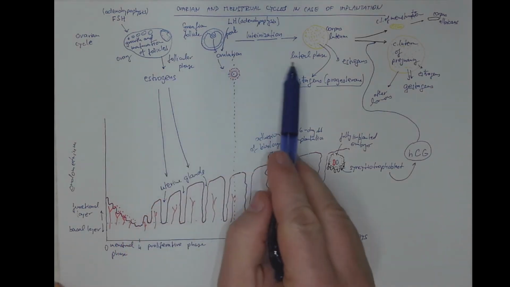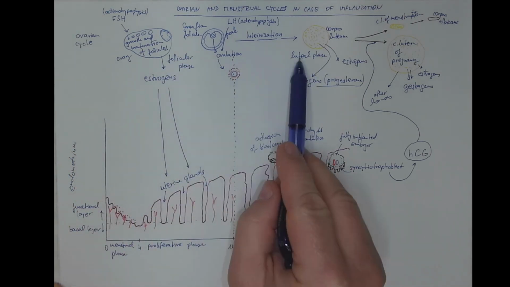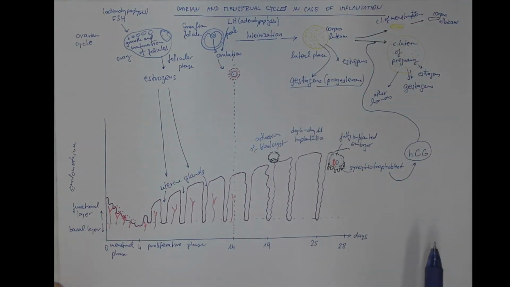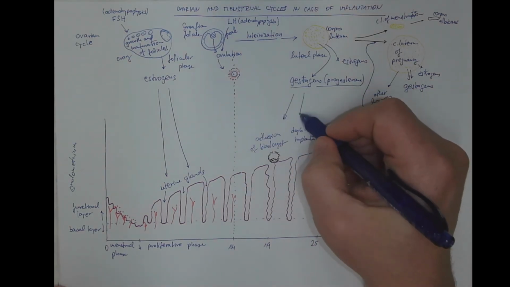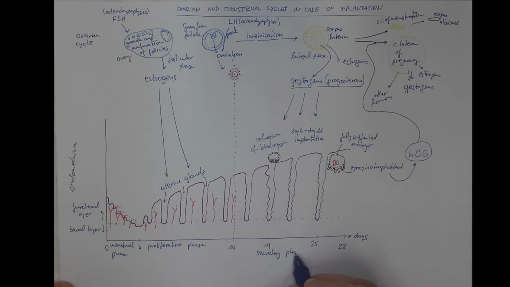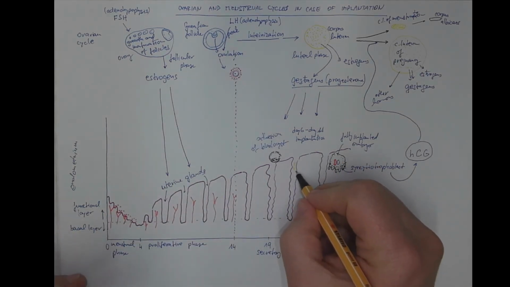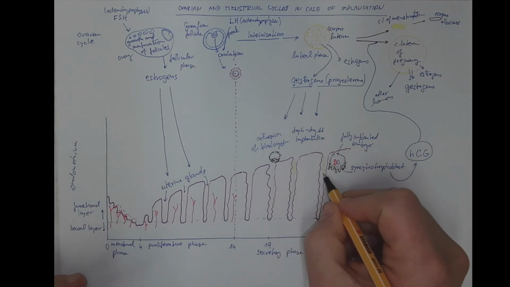So the point here is to use the names of the relevant phases when we're speaking about ovarian cycle, so follicular and luteal phase, and the terms relevant to menstrual cycle of the endometrium, which is menstrual phase, proliferative phase, and this after ovulation under the effect of progesterone is the secretory phase. Because the glands are growing, you can find the secretion in the lumen.